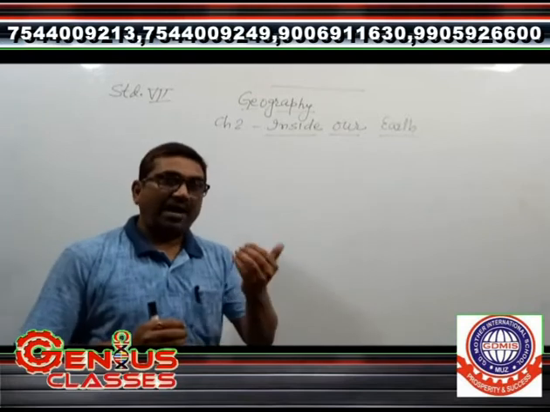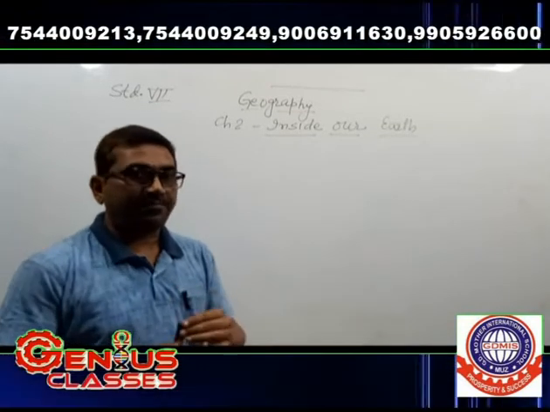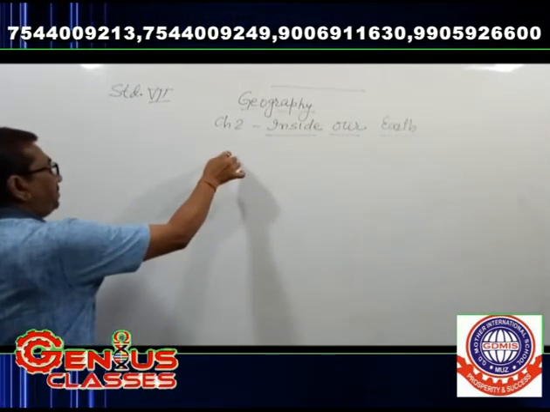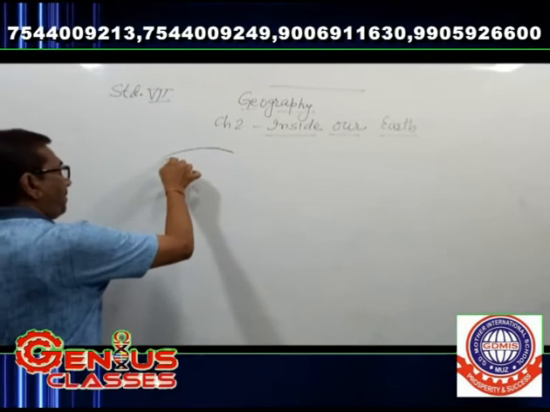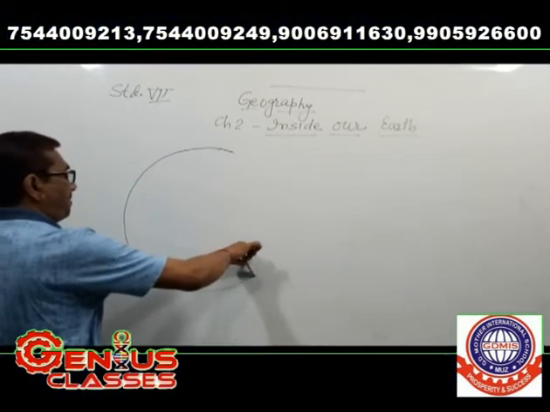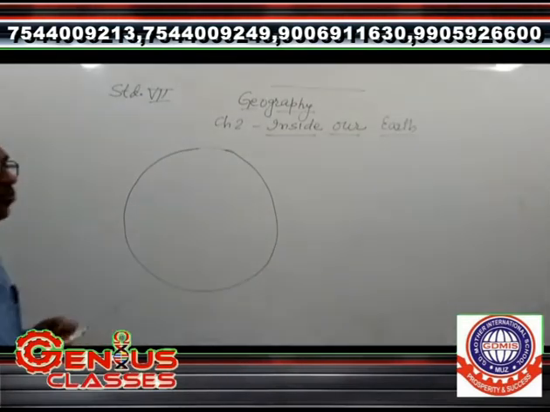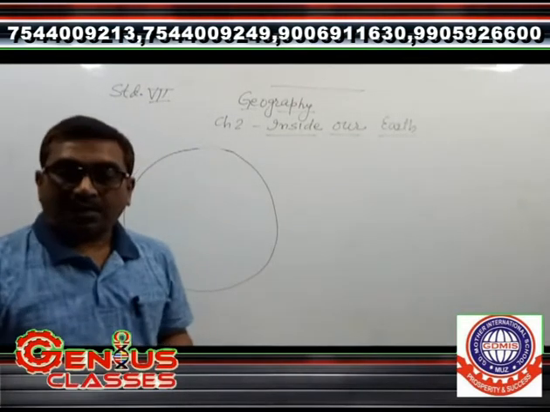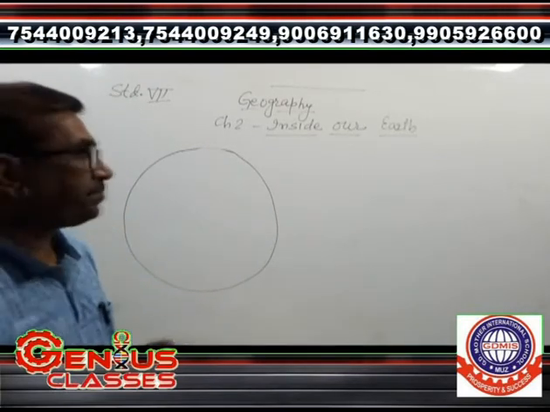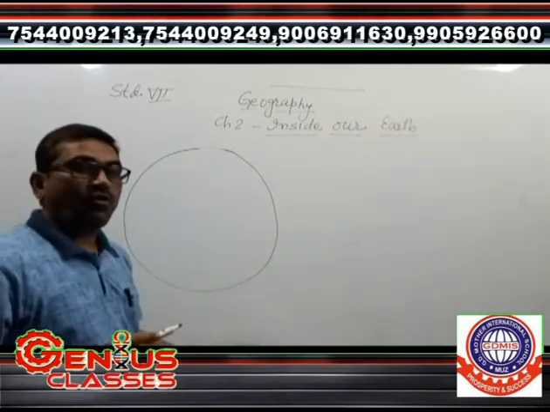Is it the same as it is seen from the top layer, or is it different? A rough diagram, if we draw it. I have told you it is a rough diagram. The earth is not as spherical as I have drawn roughly.